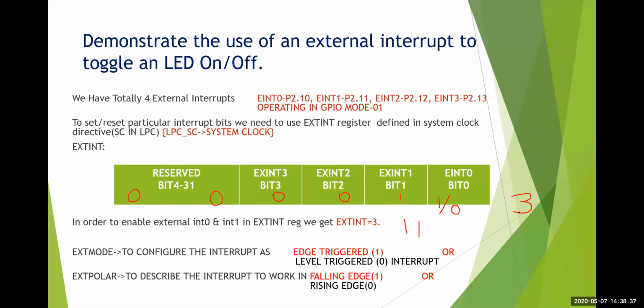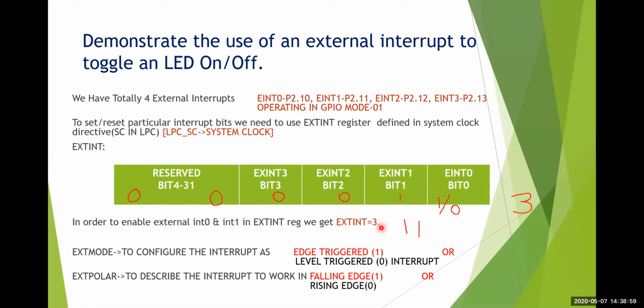If I give the value 3 to the external interrupt register, then external interrupt 0 and external interrupt 1 will be enabled. So I'm using these two external interrupts.